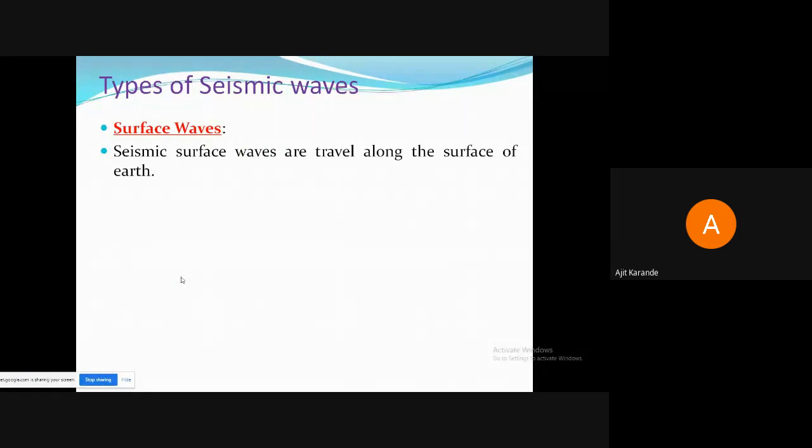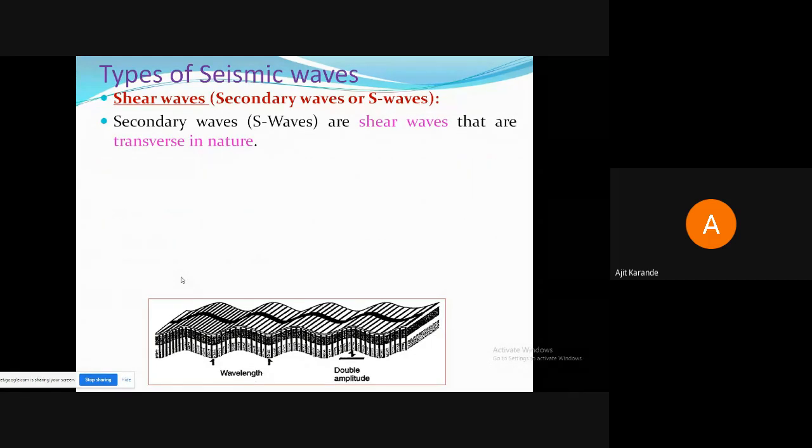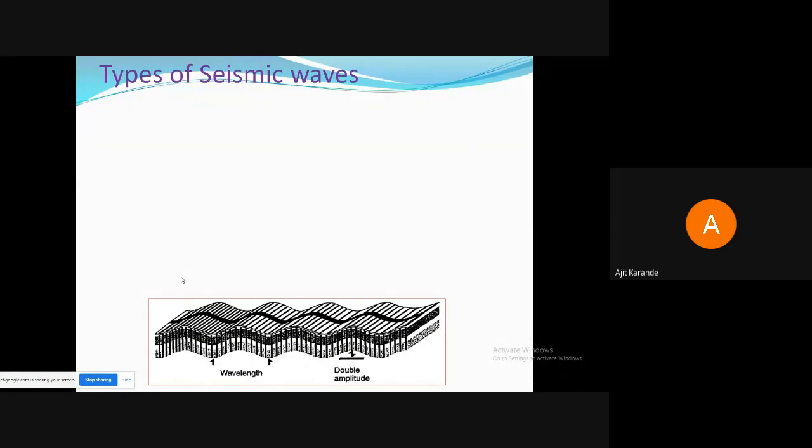As far as the movement is concerned, it will depend on some physical and mechanical properties of the particular earth material, like the modulus of that material and the density of that material from which these different types of waves pass. Okay, so this is all about the types of seismic waves.